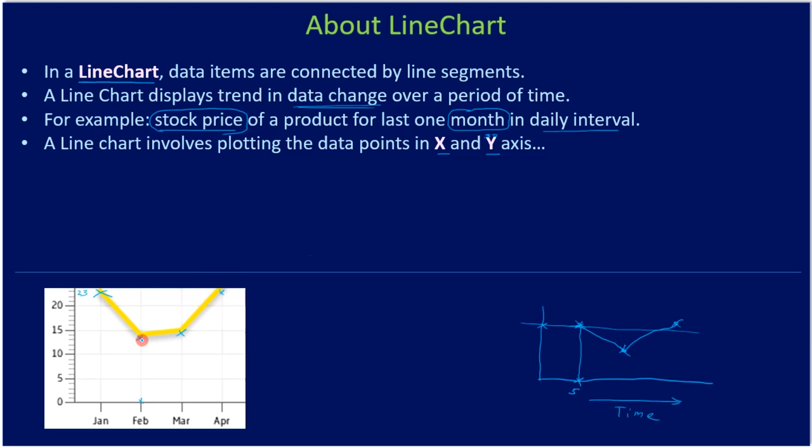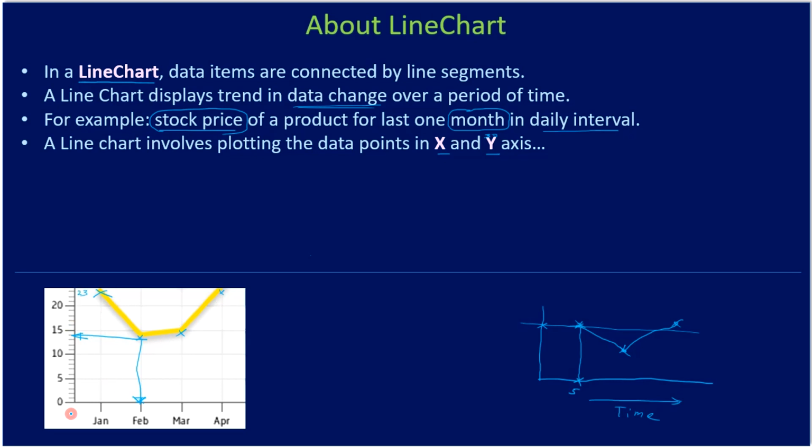So if you want to map here, this is the month of February and on the Y scale you will get the temperature is 14. Likewise all data points will get plotted and you can read the time series like this.